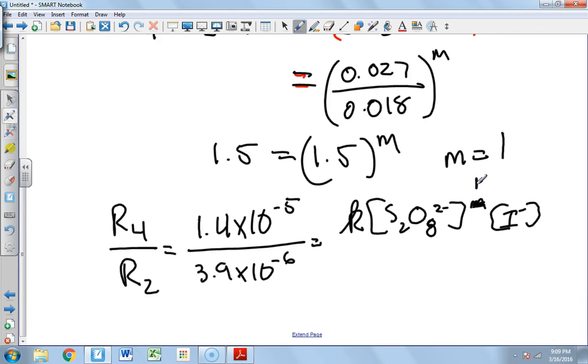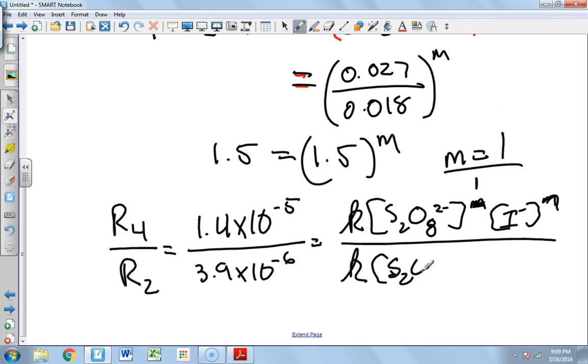M is equal to 1. We are trying to find n here, because we just solved for M. All of that over experiment 2, S2O8 2 minus raised to the first power times I minus raised to the n power.